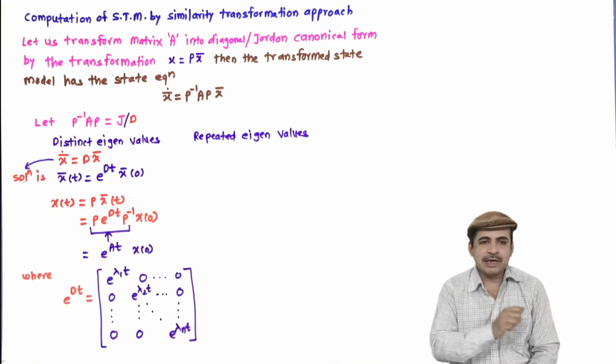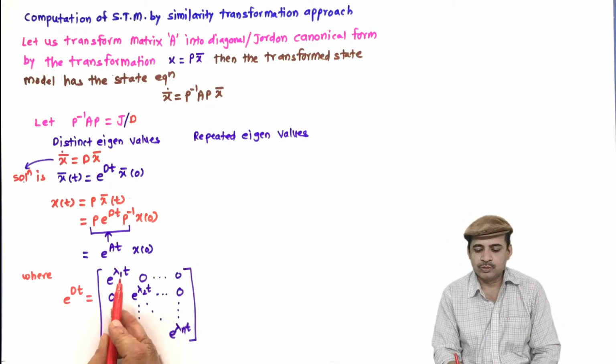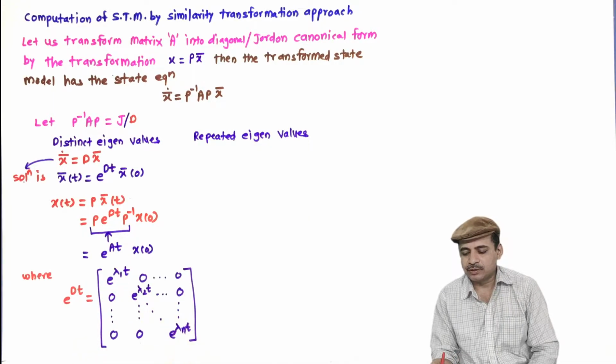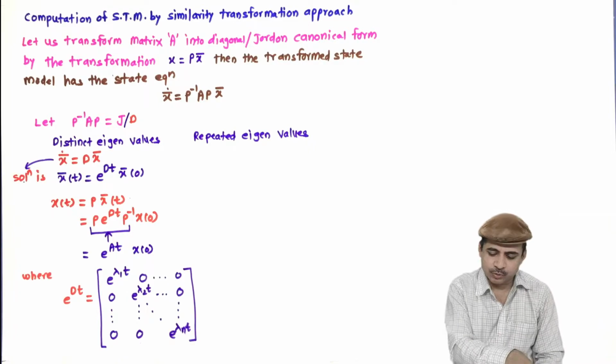So this e raised to Dt matrix has e raised to the power of the eigenvalue into t on the diagonal, and the remaining entries will be 0.